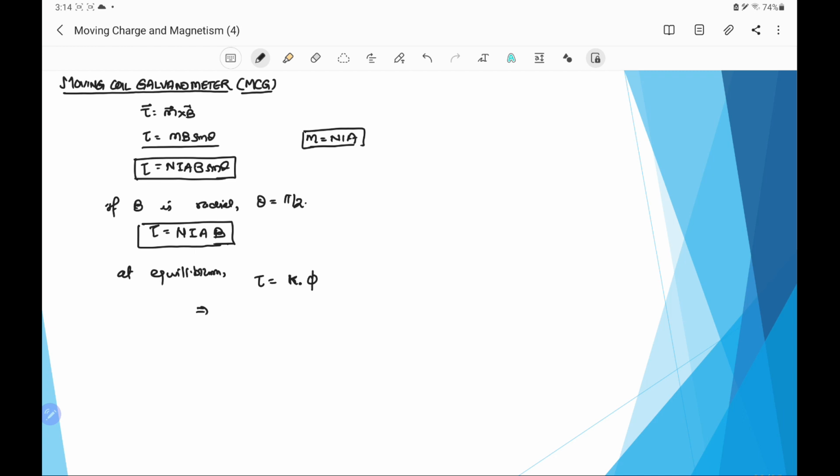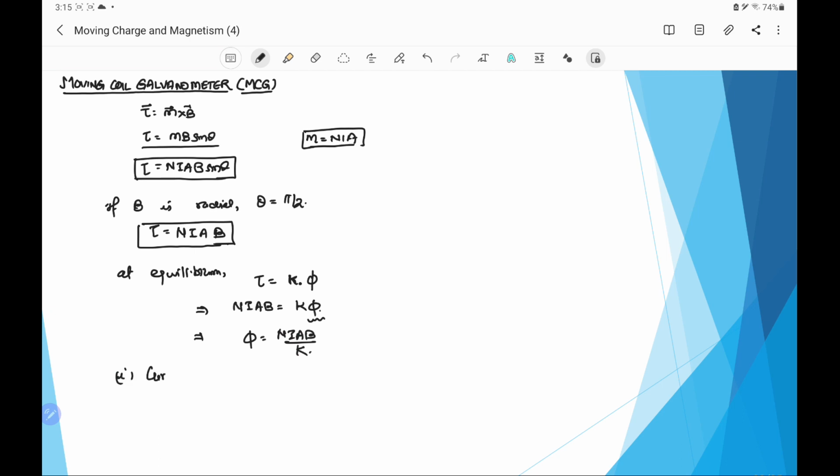Therefore, we can write NIAB equal to k phi. So phi is the rotation made by the coil. Therefore, phi is equal to NIAB by k.